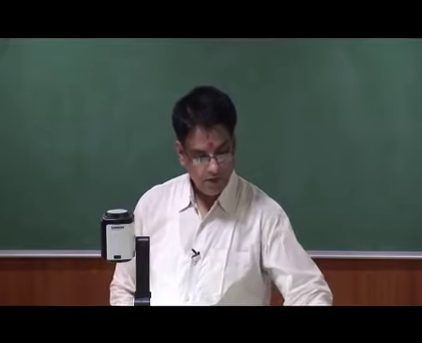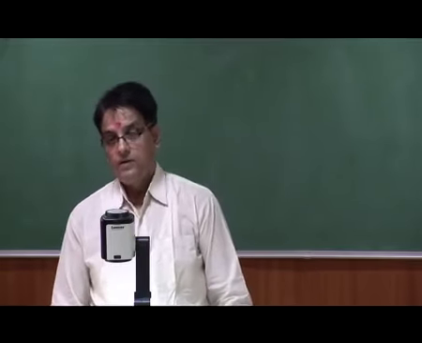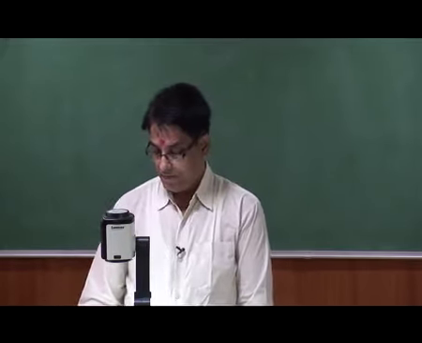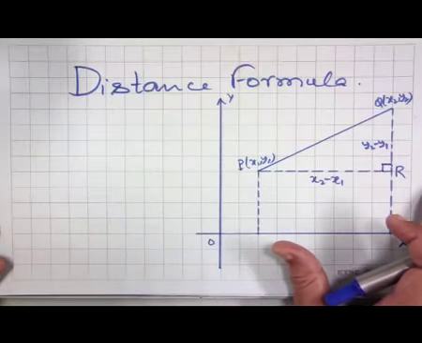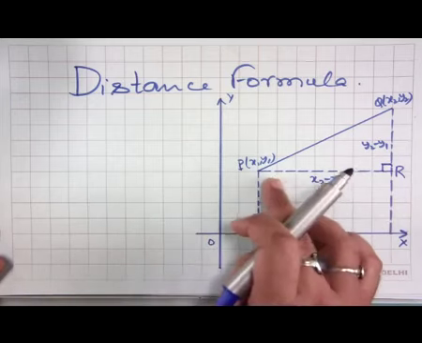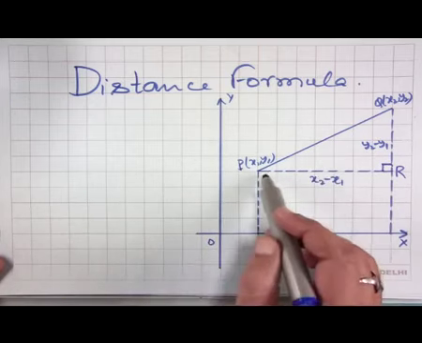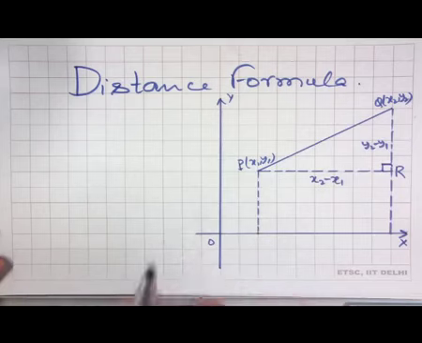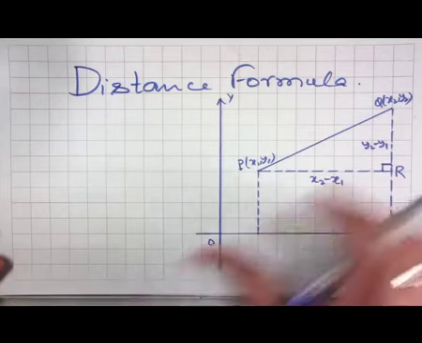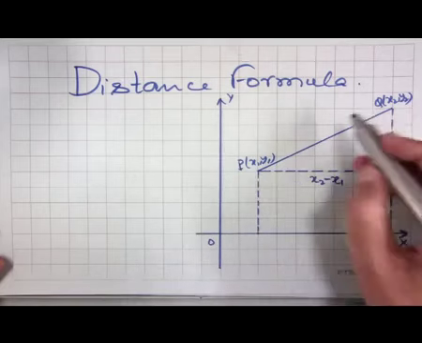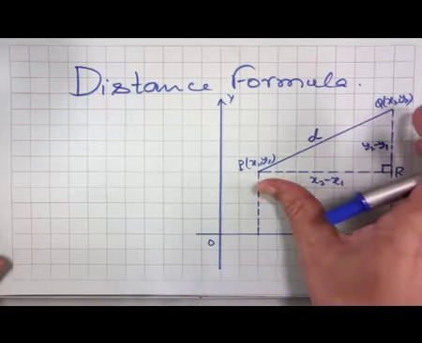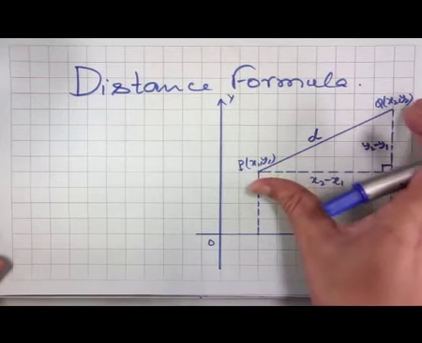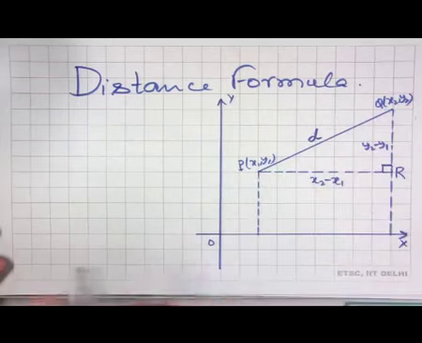Now, how can you find the distance between any 2 points in a plane? Here we have 2 points P(x1, y1) and Q(x2, y2). Say the distance between these 2 points is D. How can we find D?